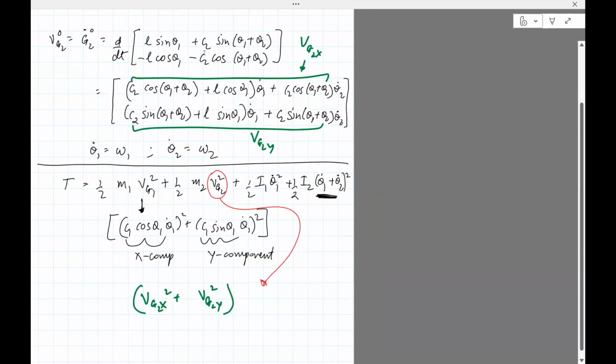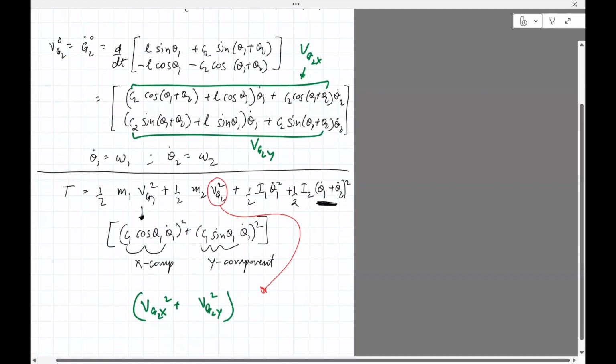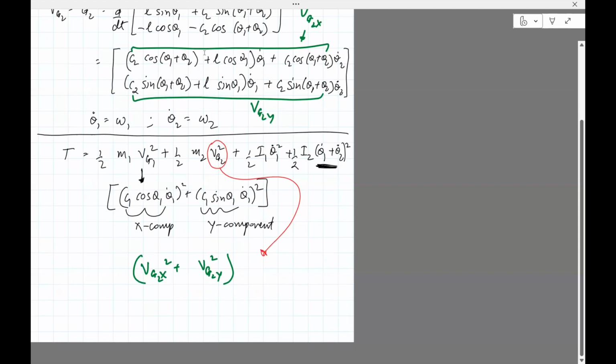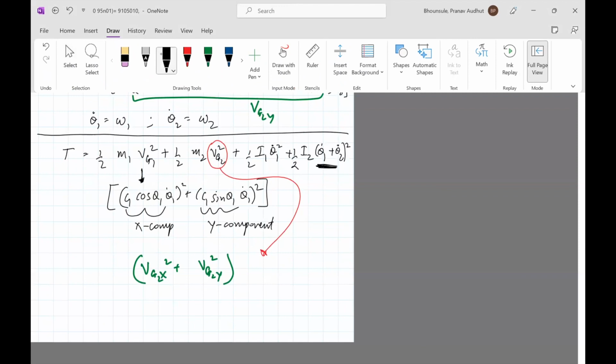It's going to be very lengthy. Once you get that, the remaining terms are not hard, but that term itself is going to be pretty long, and I can show you the length of it when I show you the code.